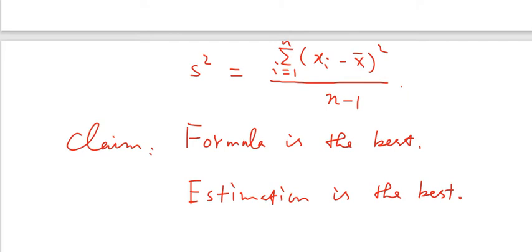So in applied stats we explain this: why for the sample variance s squared we divide by n minus 1, not n. Because n minus 1 is the degree of freedom, so we should divide by the degree of freedom.